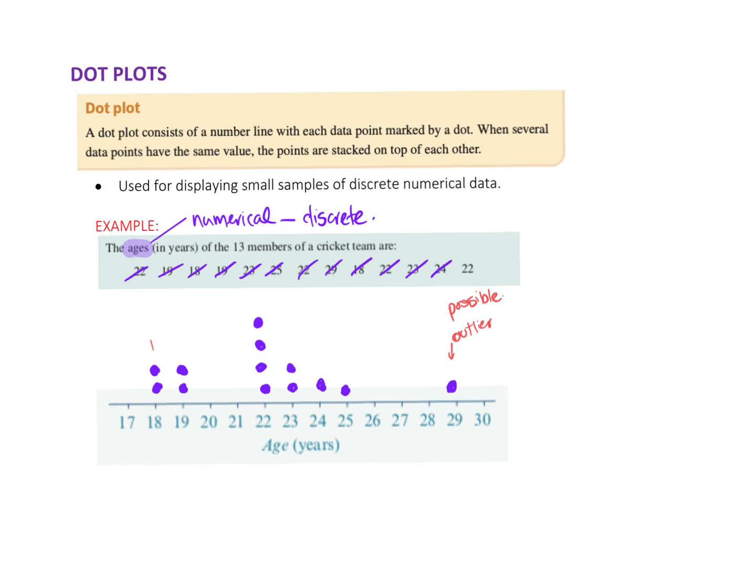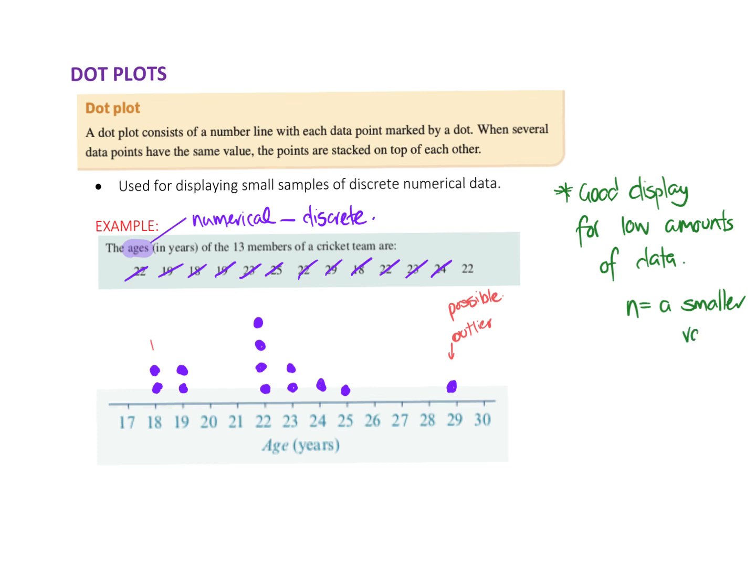So this is a good display for low amounts of data. So what I mean is when n equals a small number, yeah, a smaller value.